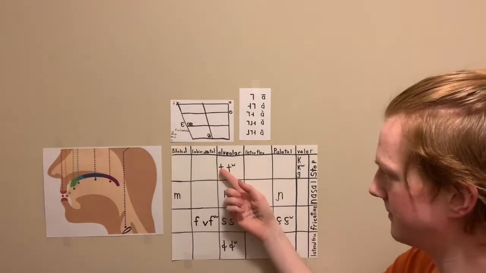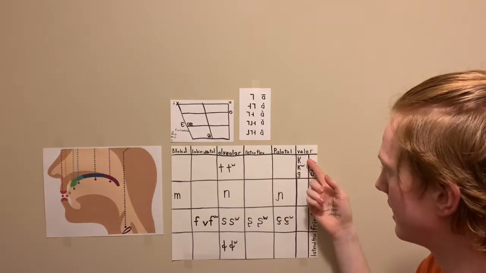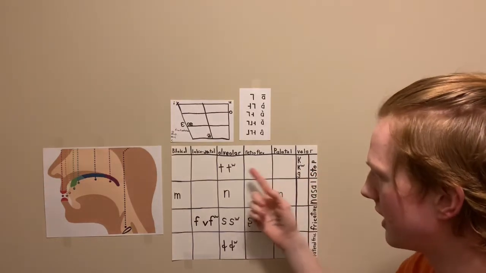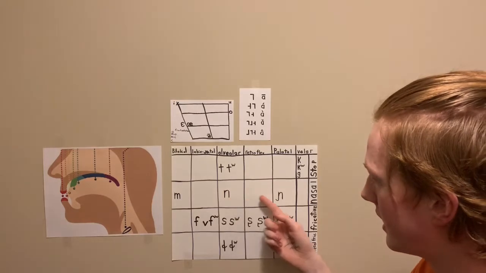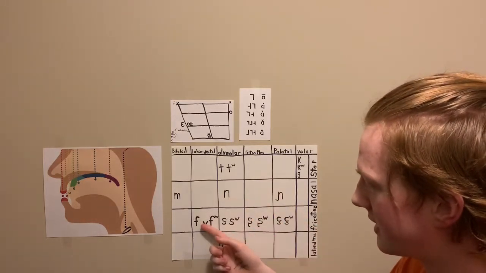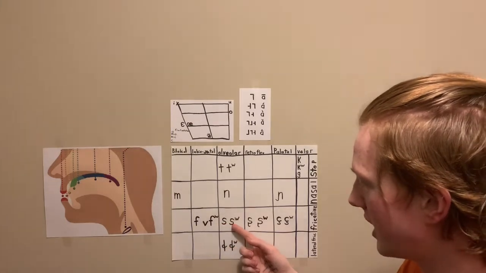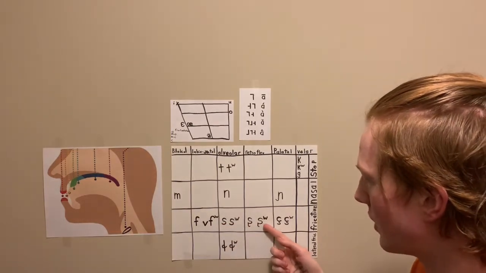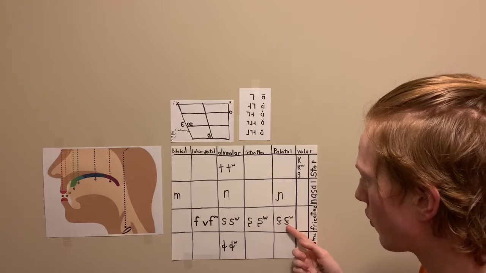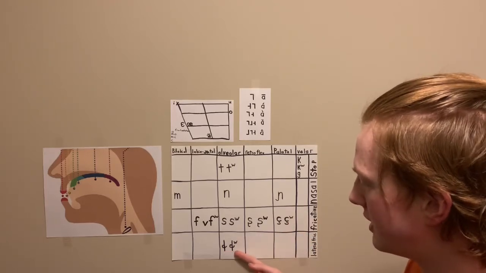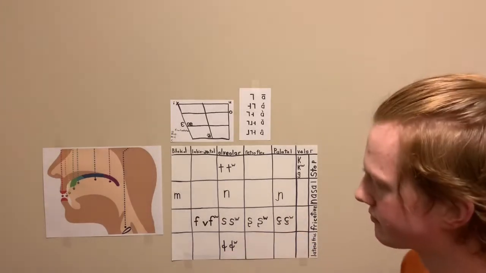So, da, toi, ga, qua, ga, ma, na, nga, fa, foi, va, sa, soi, cha, schwa, cha, hua, sa, schwa. Those are the consonants.